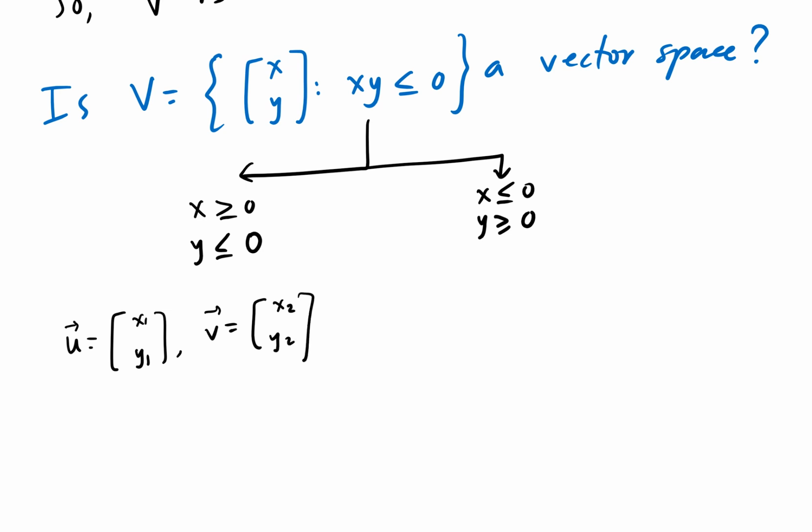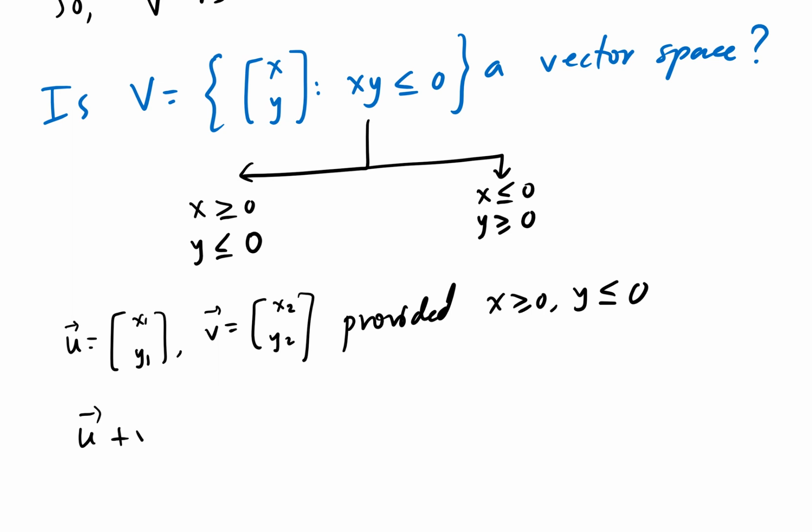Let's work on the first condition, provided x bigger than or equal to 0, y less than or equal to 0. How do we check that out? Is this closure? Well, the closure property doesn't hold.